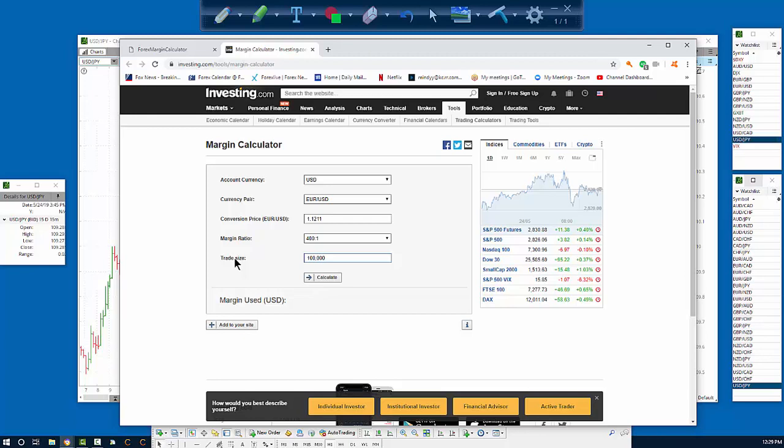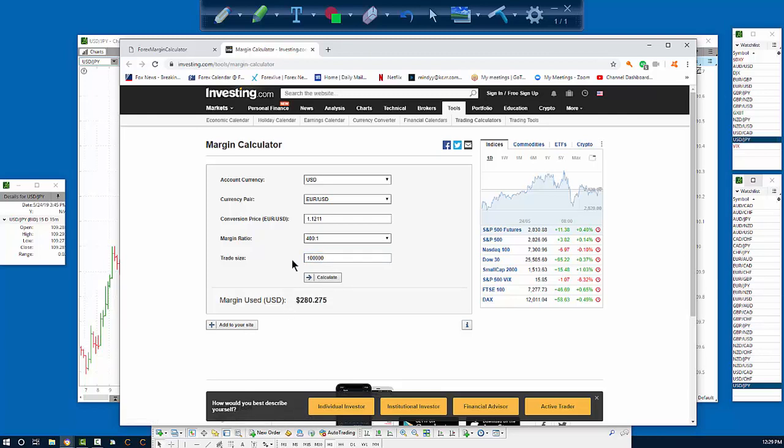And it doesn't mean dollars, it means 100,000 units of the base currency. So if you were doing a one lot trade, you would key in 100,000. Now let's calculate. I did something wrong. I think this doesn't want us to use the comma.